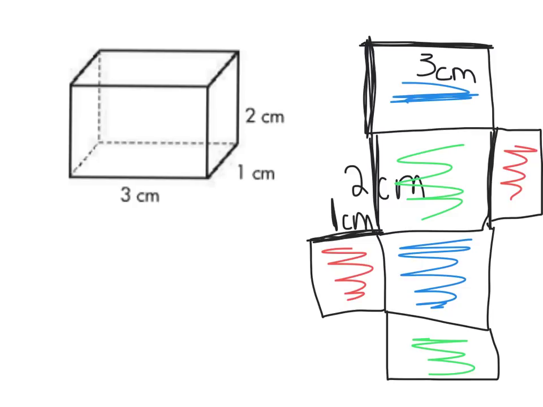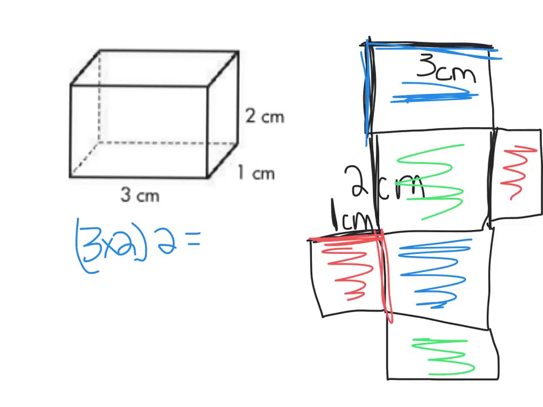So let's do blue first. Blue has 3 times 2. And there's 2 of those, so we're going to times those by 2. Then our red one has 1 times 2. And there's 2 of those, so we'll times those by 2. And then our green one has 3.